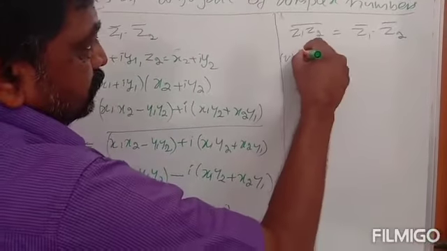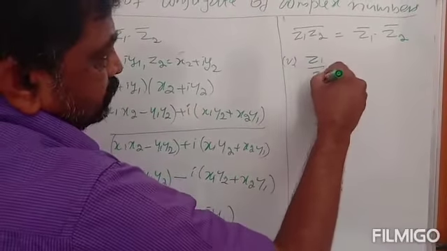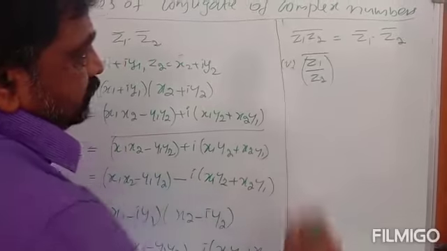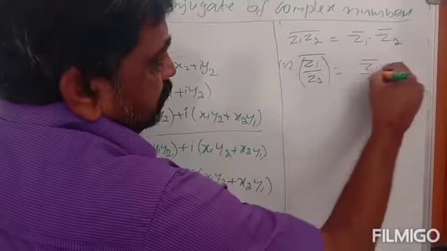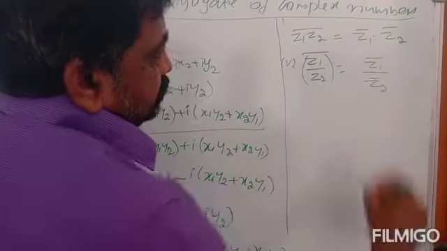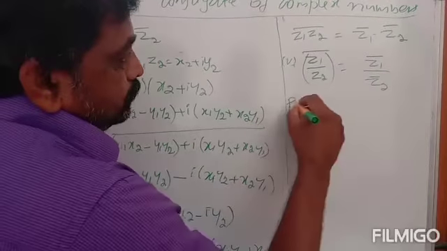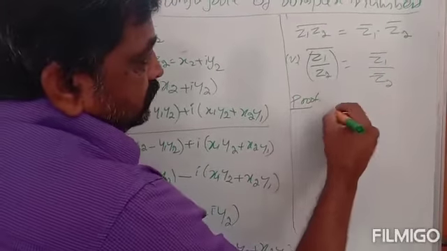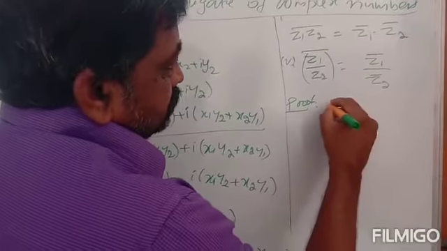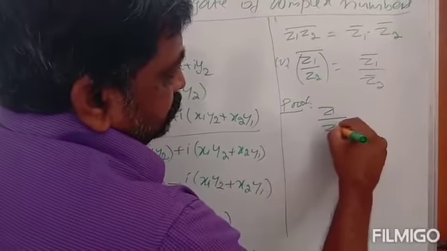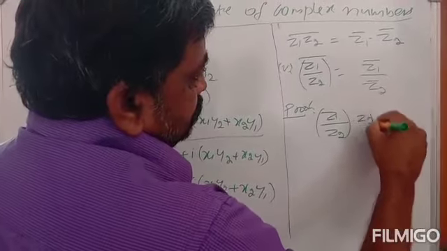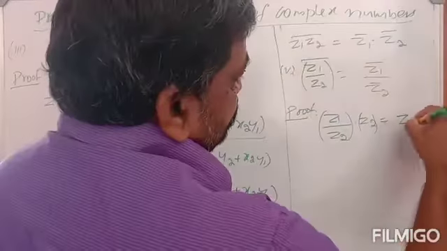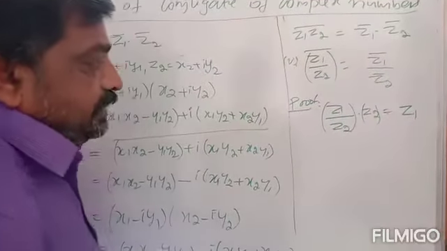Fourth one, (z1 by z2) whole bar equal to z1 bar by z2 bar. Proof. So now z1 by z2 into z2 equal to z1, because z2 and z2 cancel.